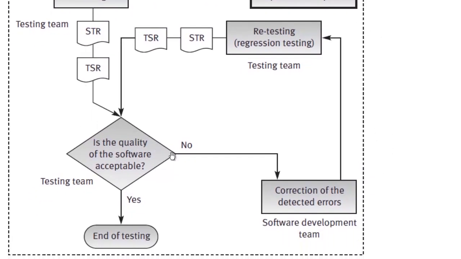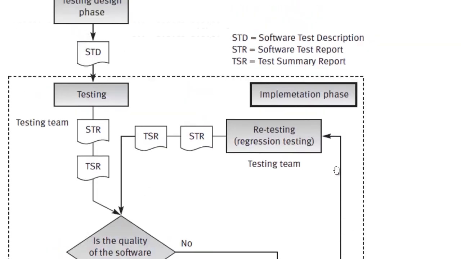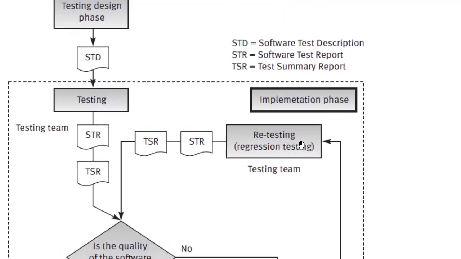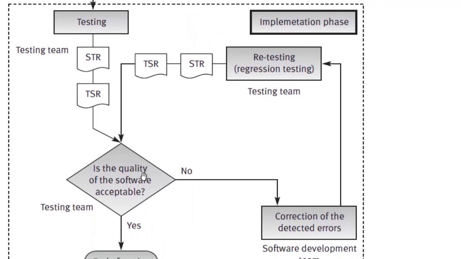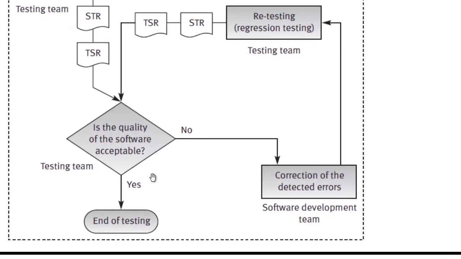If it is no, correction of the detected errors by the software development team, then retesting the software, software test report is prepared, test summary report is prepared and again you check whether the quality of the software is acceptable. This process is repeated until the quality of the software is acceptable.